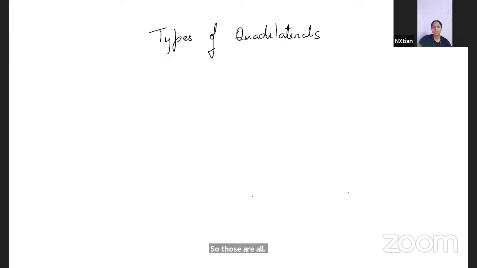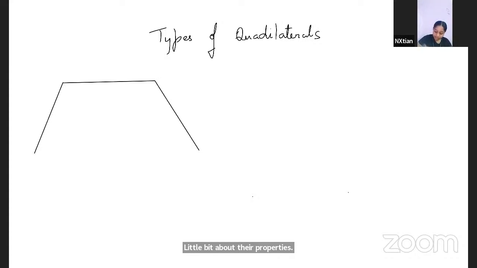Okay. Now let's draw them and let's see a little bit about their properties. What is this? Can anyone tell me? What figure is this? Trapezium. Trapezoid.